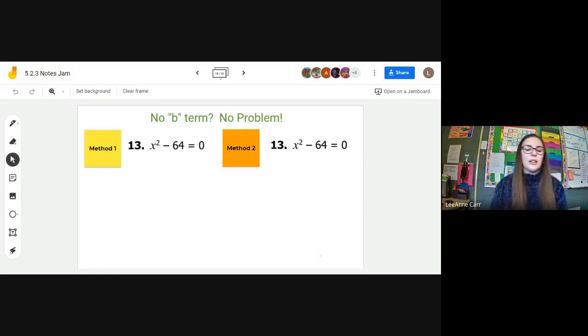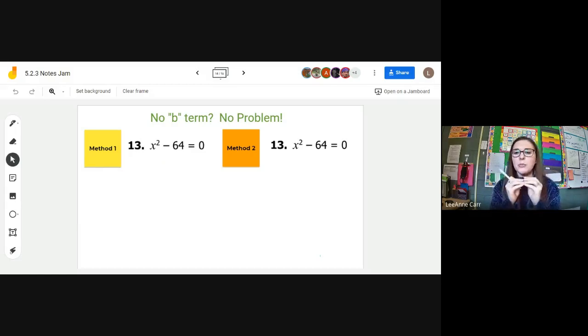All right, so let's talk about this. I have 2 problems here, or 1 problem listed twice, and it looks funky. There is something wrong with it. What is it missing? The B value.